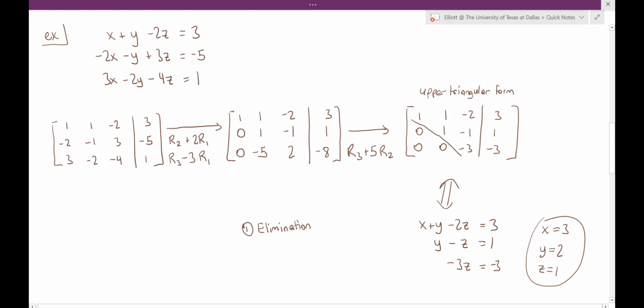That corresponds to doing all the row operations to get it into the upper triangular form. Then there's a second step, which is this part over here, which we refer to as back-substitution.